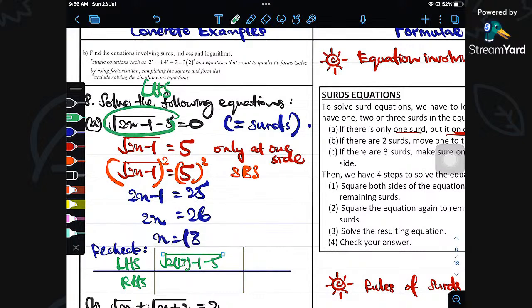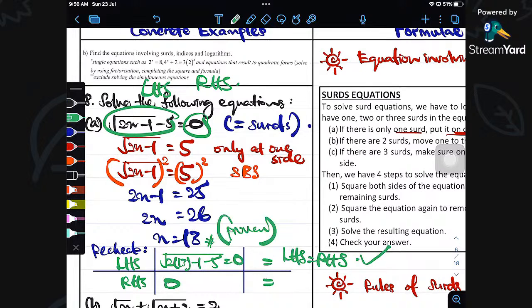Apakah jawapan dia? Jawapan dia, tekan calculator, jawapan dia kosong. Manakala right hand side here, original question, is also 0. Therefore left hand side is equals to right hand side. Maksudnya dua-dua ni equal lah. Dua-dua ni equal of each other, or I should write it down as left hand side is eventually equals to right hand side. Therefore, the final answer is of course, kita dah proven bahawa jawapan ni betul, x is equals to 13.